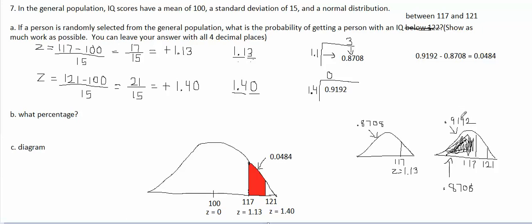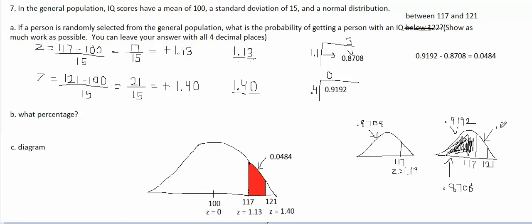So if we subtract 0.9192 by 0.8708, we're basically subtracting out this shaded piece from the bigger piece, which is everything to the left of 121, and we're left with the leftover part, which is this white area. So you subtract the part from the whole, and you get what's left over, which is this. And this right here comes out to 0.0484.